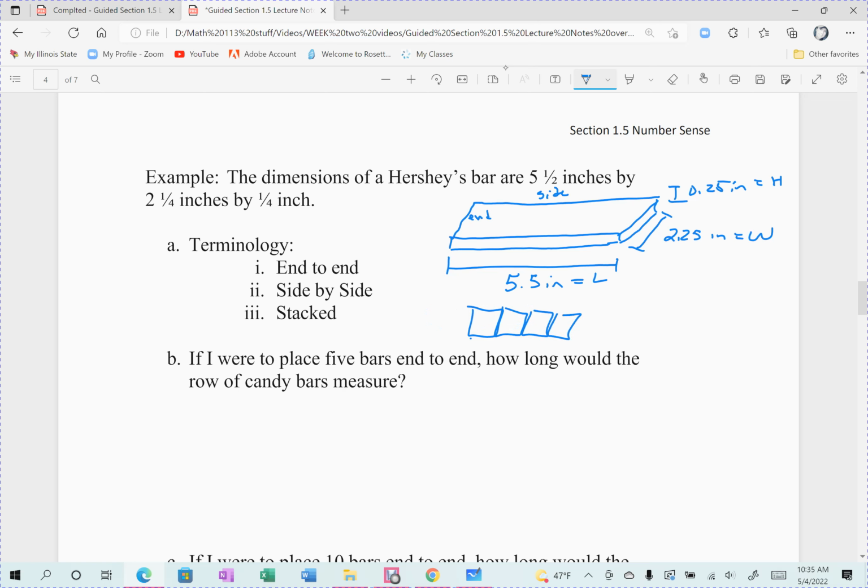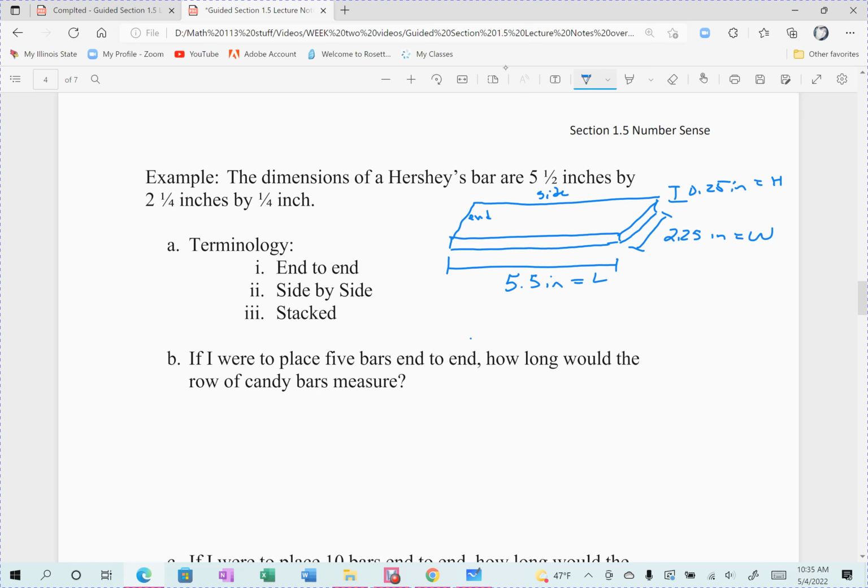Stacked means you're going to get a bunch of chocolate bars and stack them on top of each other. So those are the phrases you want to make sure you're familiar with. End to end, the little ends go next to each other. Side by side, the long ends go next to each other. And stack, you're literally stacking them up on top of each other.